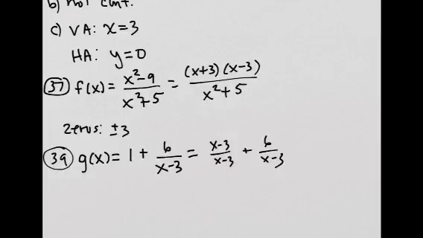Now I can combine the numerator and I get x plus 3, because minus 3 plus 6, over x minus 3. So now the zeros of this rational function, it only has 1, because I look at the numerator, and the only thing that makes the numerator 0 is negative 3. So just negative 3.